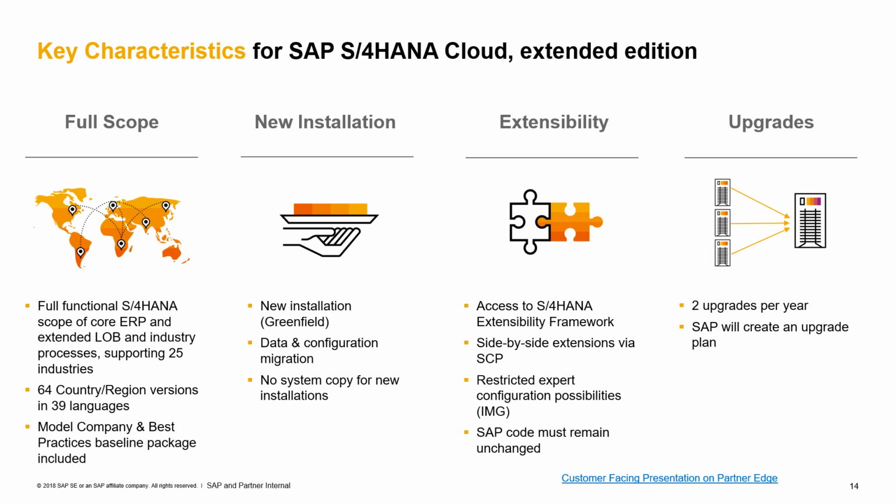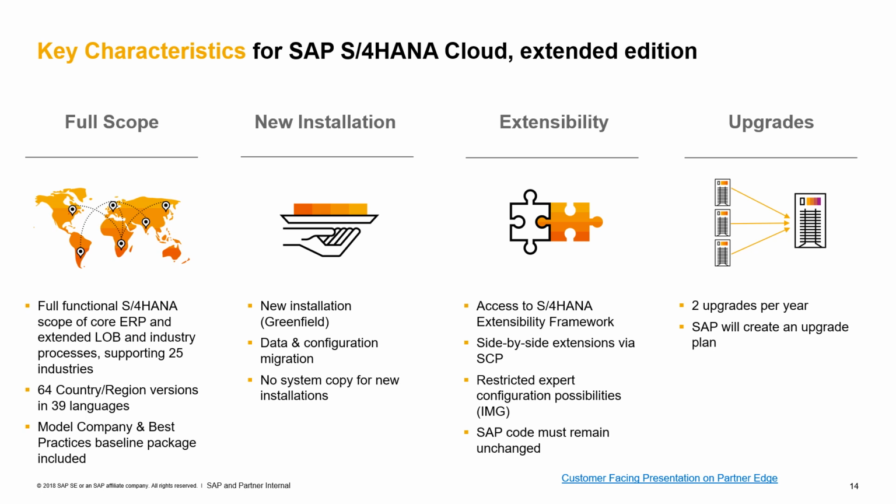Let's take a look at extensibility. You have access to the S4HANA Extensibility Framework. Side-by-side extensions via SCP. This is very much encouraged, especially as you consider your partner add-ons or extensions. There is restricted expert configuration possibilities in IMG, and SAP code must remain unchanged.